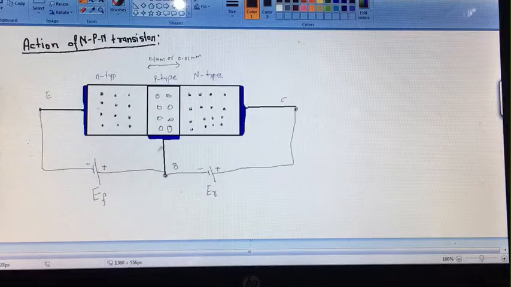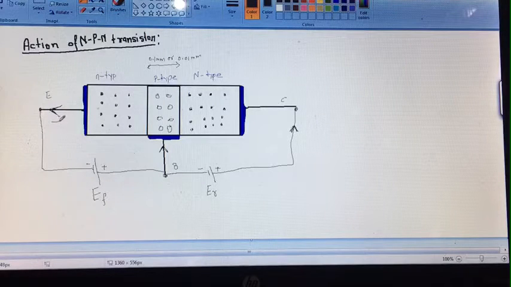In this case we will see that a current will flow from here and from here, and the current will come out from the circuit.